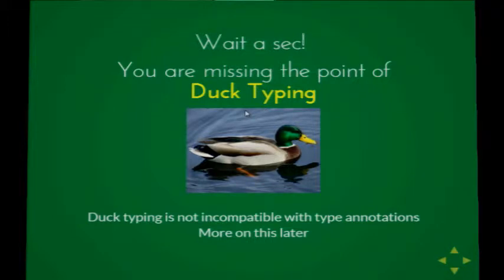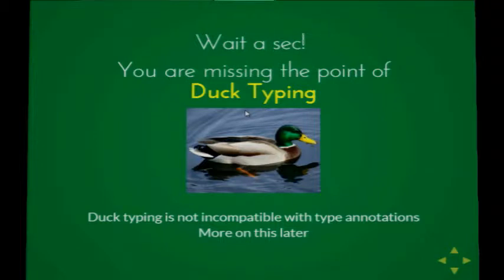If it can do what we need, it should be enough. And if we start adding types and checking those types, we're missing the point, because the idea of duck typing is to use something that maybe is from a completely different type or belongs to a completely different hierarchy, but still does the thing we want to do.